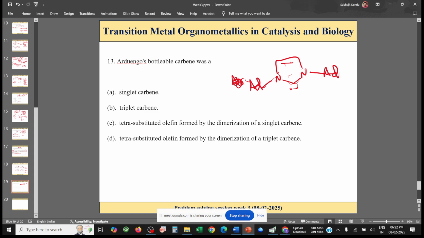This is the carbene of Arduengo, and this carbene is always a singlet carbene. So option A is the right answer for this question.